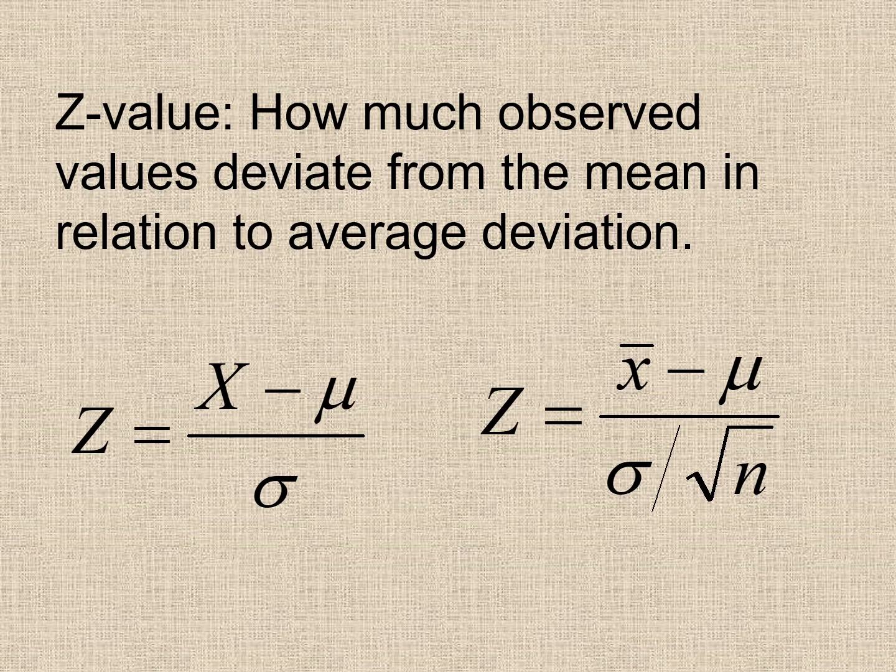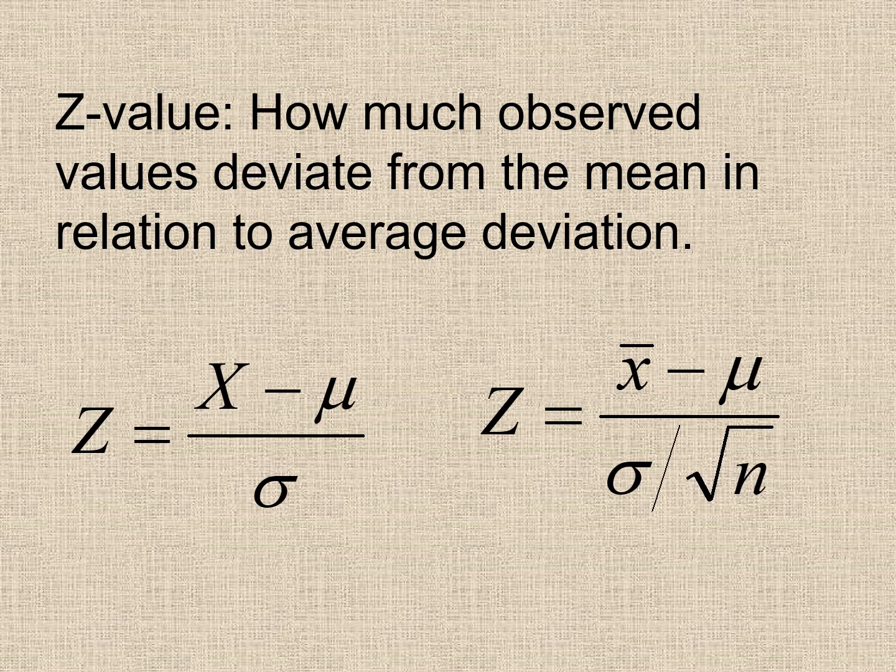So a value of plus 1 or plus 2 or minus 2 means that the observed value, the observed individual value, or the observed sample mean deviates twice as much from the population mean than we would expect, either positively or negatively.